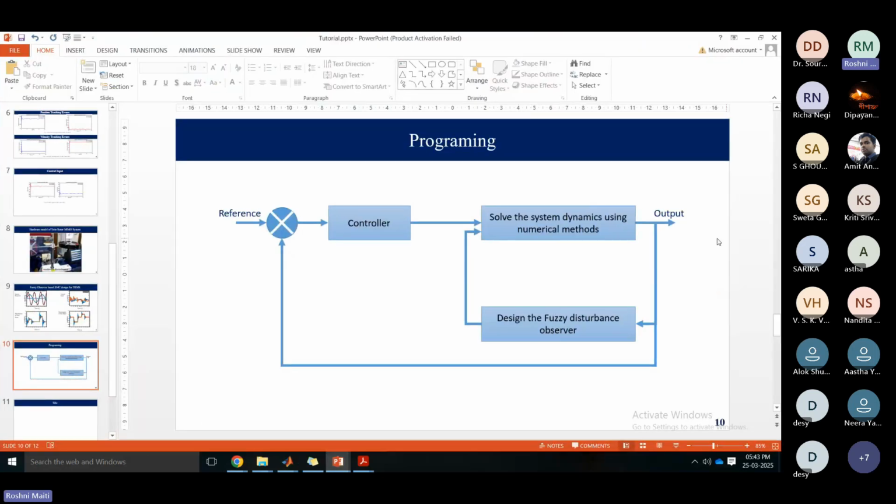By using those data, ultimately without a model, we can generate our observers or controllers or whatever we need for our control system, and we can design their stability analysis. We have shown their stability analysis as well. Therefore, we can say that whatever we have designed are also stable systems.